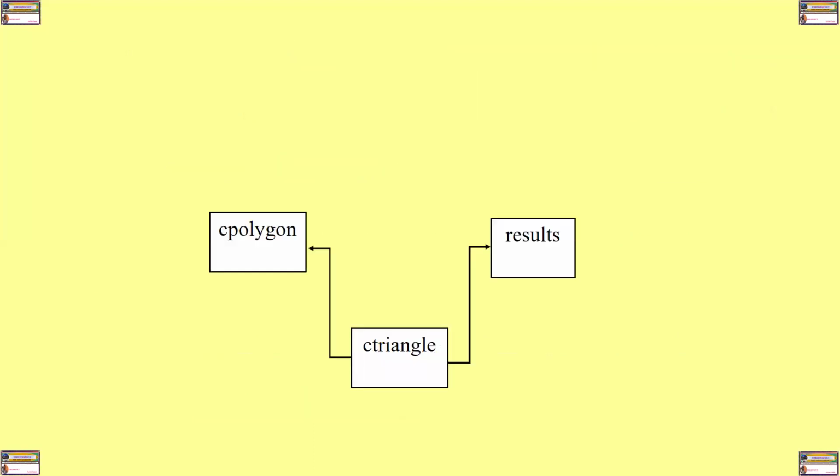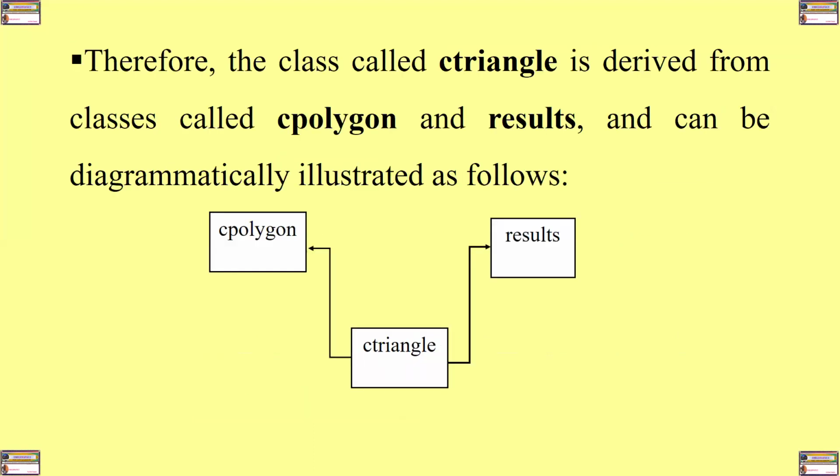So in terms of a drawing, the class called CTriangle is derived from the classes called CPolygon and Results and can be diagrammatically represented as follows. As you can see, my dear students and the rest of the learners, we have two arrows. One arrow is pointing to CPolygon, which is the first base class.